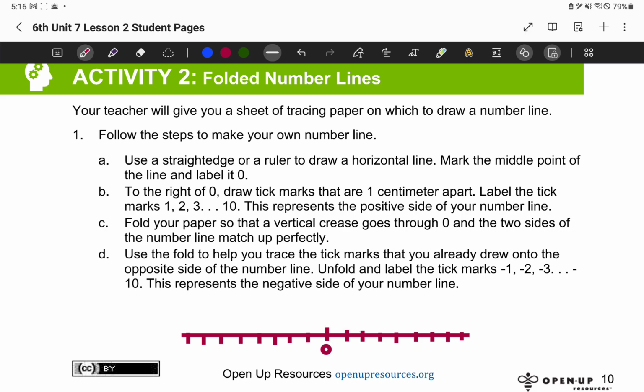But I didn't draw my line long enough, so I've got 1, 2, 3, 4, 5, 6, 7, and 8.